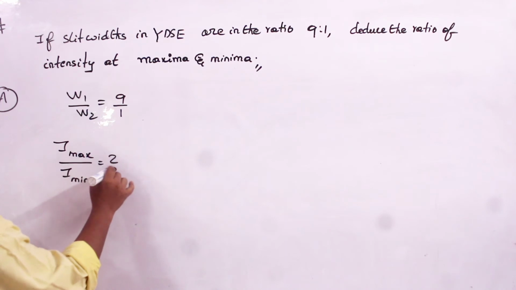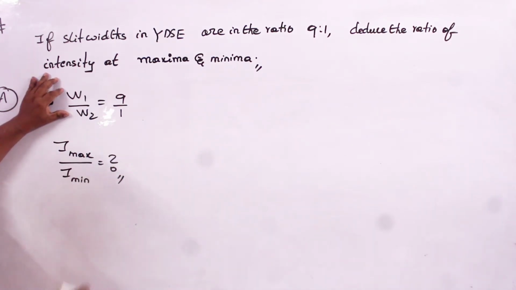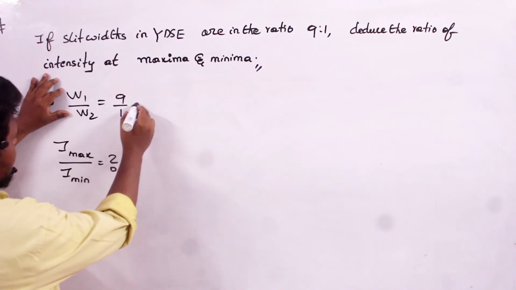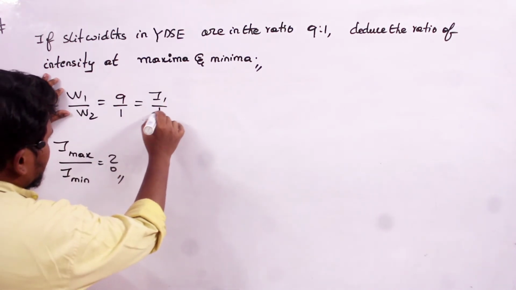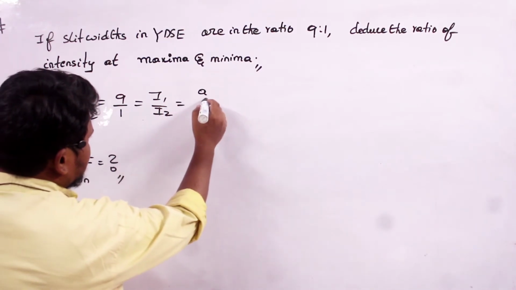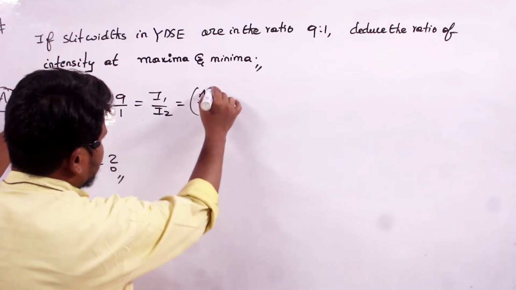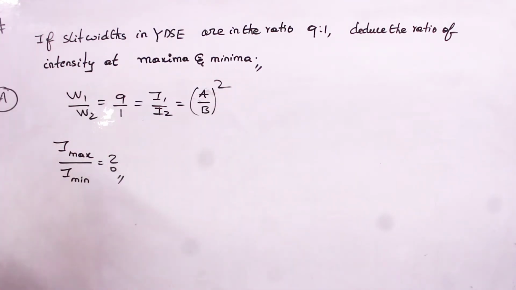See in the notes what we have written: slit widths are directly proportional to the intensity of individual lights, and it is equal to A by B whole square also.